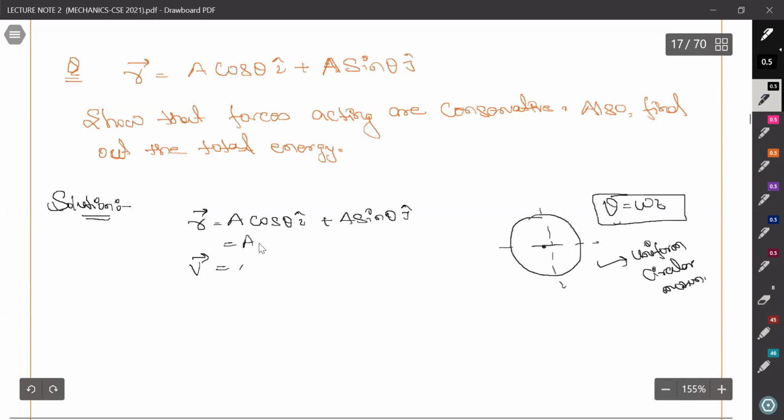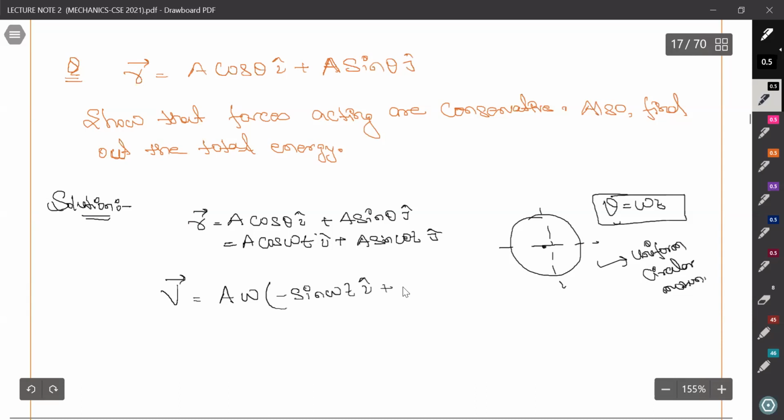Let's put it here: a cos omega t i cap plus a sin omega t j cap. So if we need to find v, it will become a omega, minus sin omega t i cap, plus a omega cos omega t j cap.